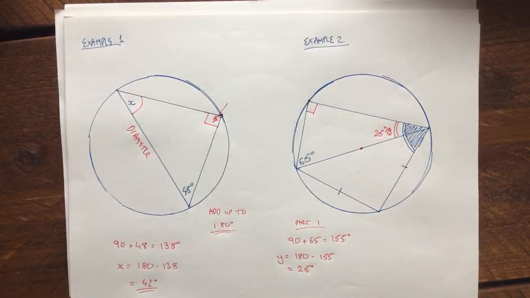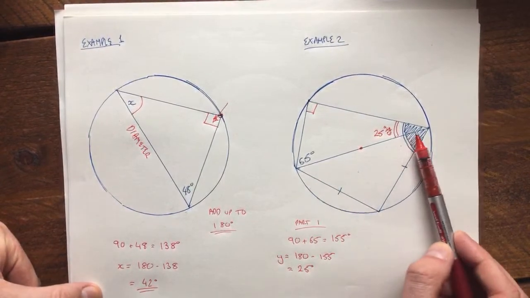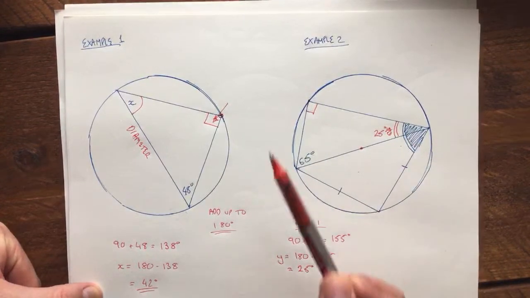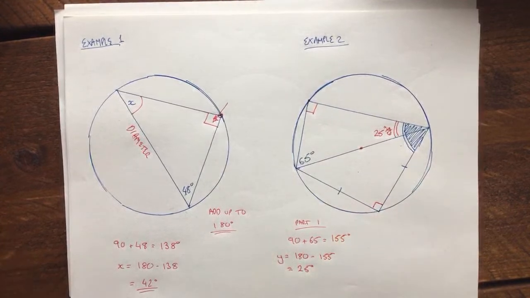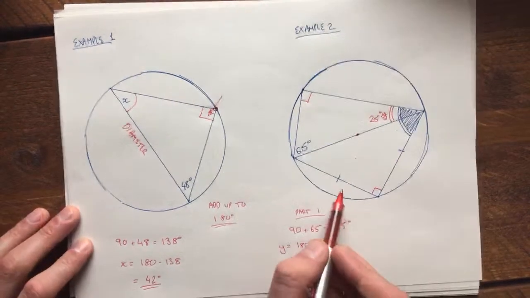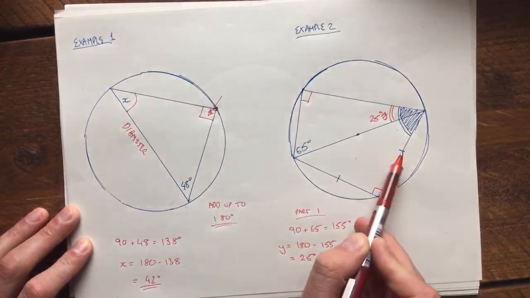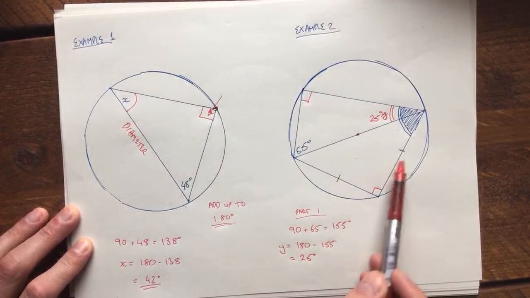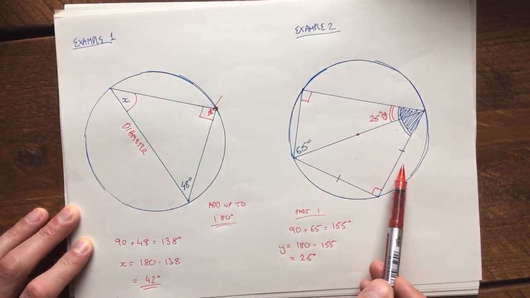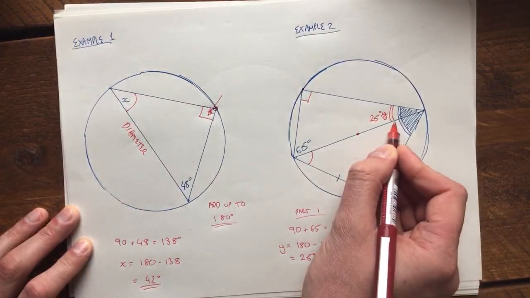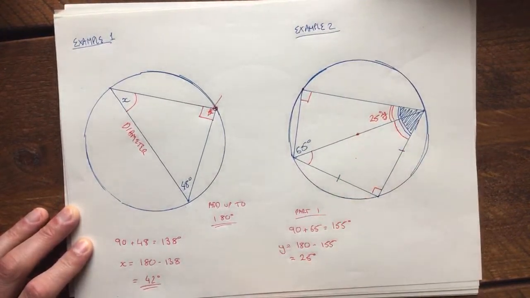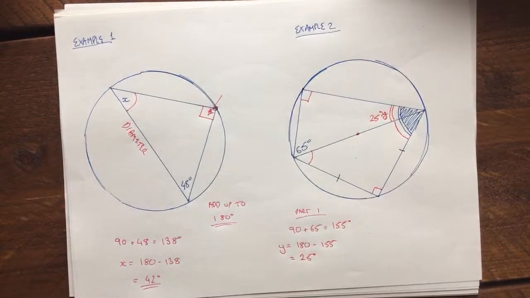Now the bottom triangle, again, it comes from the diameter out to the circumference, so we know that's a right angle. You may be looking at it and thinking that's a little bit tricky because there's no other angles in that triangle. But these two lines here signify that both these sides are the same. If both those sides are the same, it means that angle there is the same as that angle there, because they're both at the bottom of the sides that are the same.